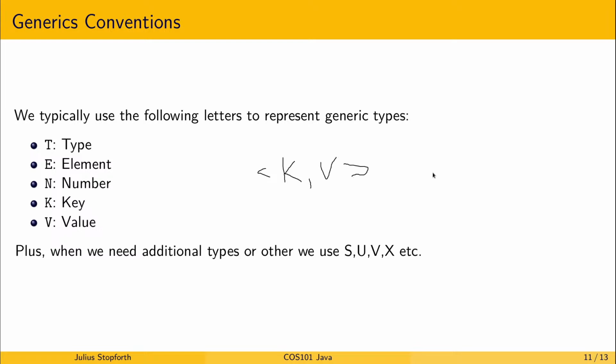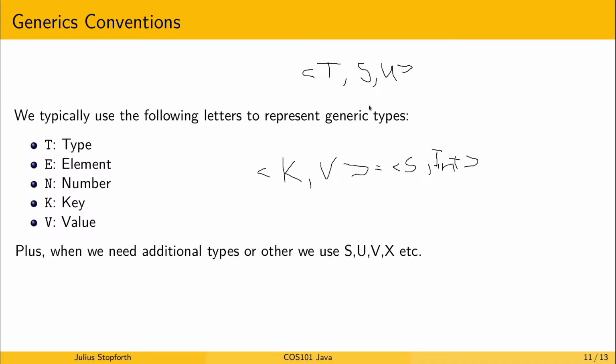So you could have, for example, a string for the names and then an integer for the high score or the grade, right? So that's how you would specify a key-value pair. Then we also have additional types, so if you have multiple types, it's type 1, then type 2 might be S, and then type 3 might be U, right?